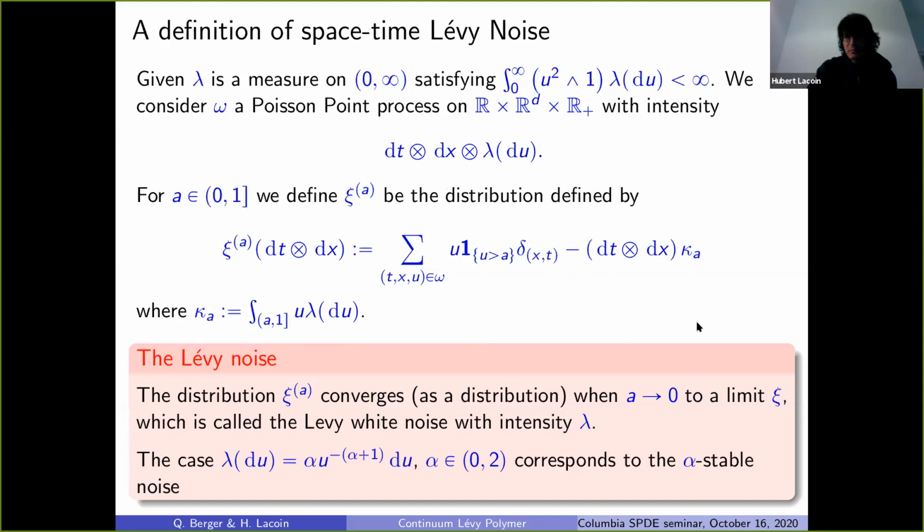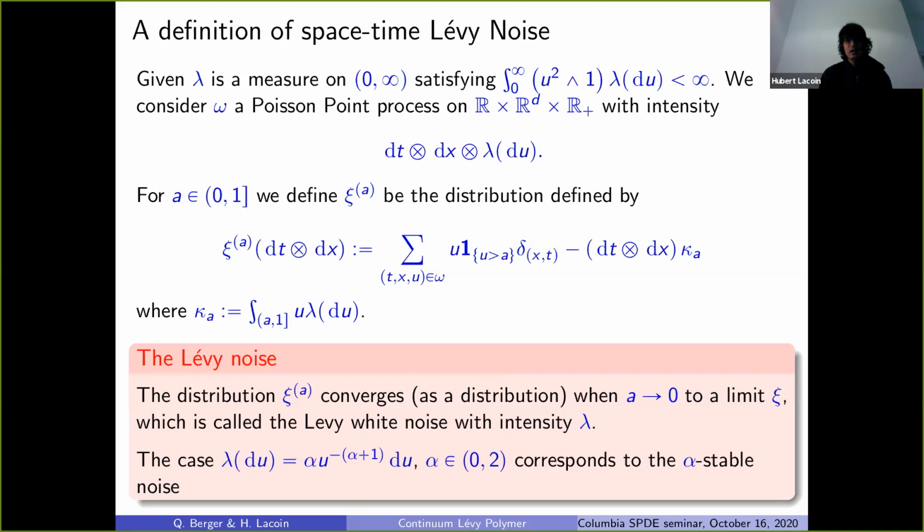This gives me a distribution which I call my truncated Levy noise. When A goes to 0, if lambda satisfies this condition, this distribution converges to a limit, which I call the Levy white noise with intensity lambda. In the case where lambda is equal to exactly this, it corresponds to the alpha stable noise.